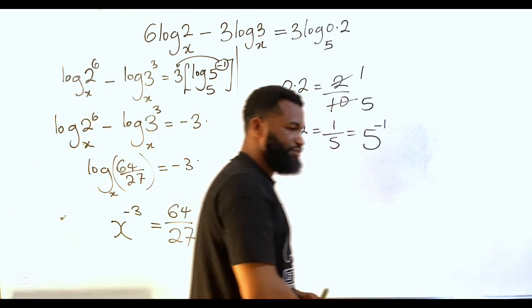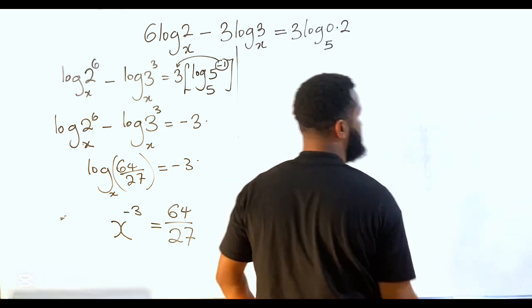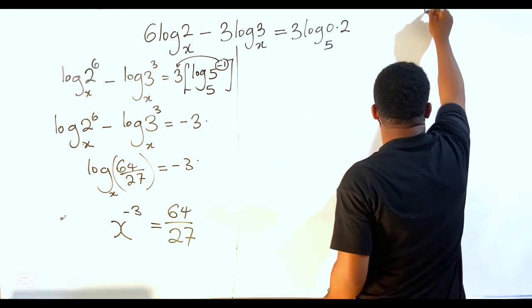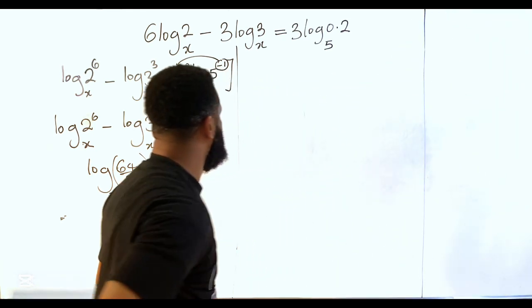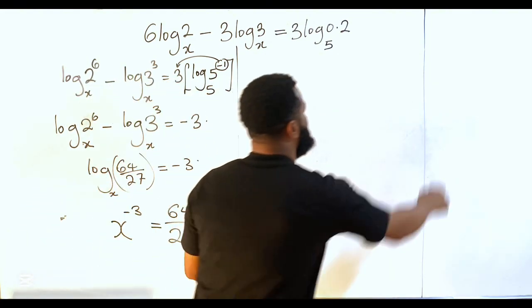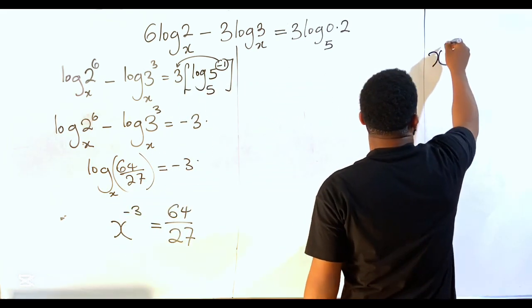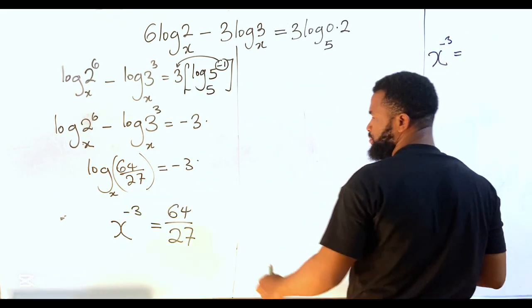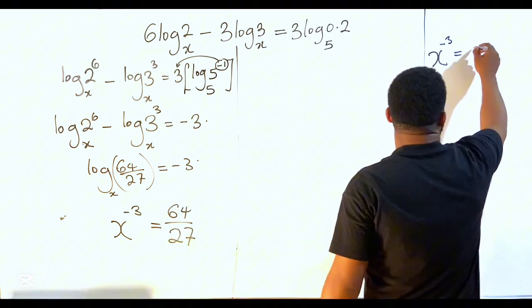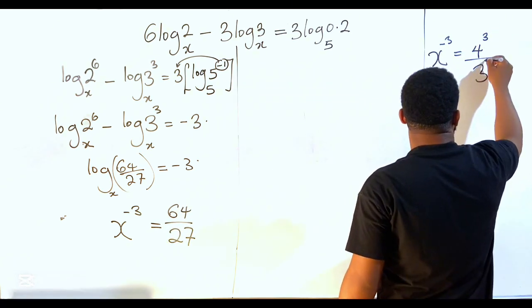Let's continue. So I'm going to have x raised to power minus 3 is equal to 4 raised to power 3 all over 3 raised to power 3.